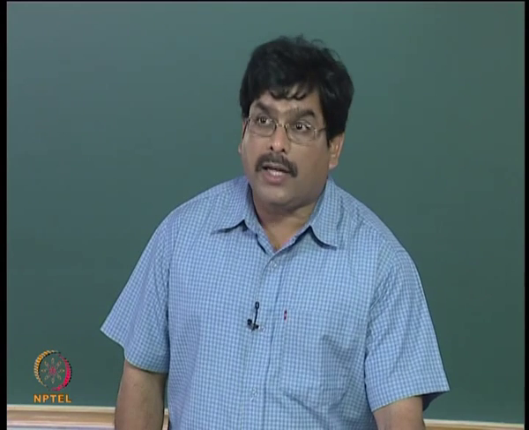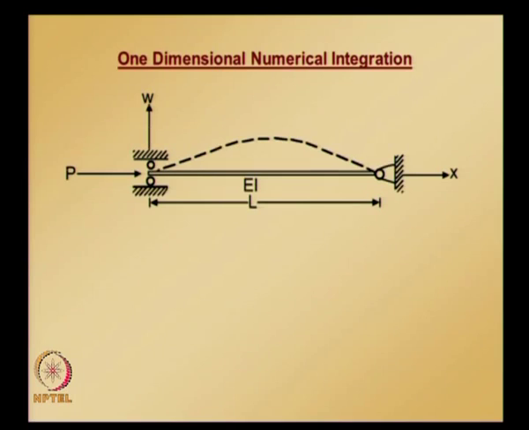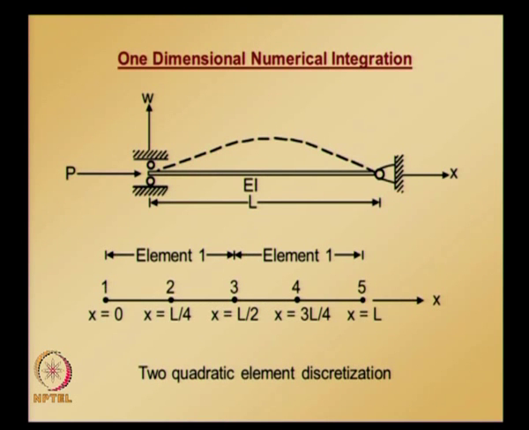So, one dimensional numerical integration, and I want to highlight the importance of this. This is the column buckling problem that we looked at, and you can notice that the discretization involved 2 elements, and the locations of nodes are also shown for both elements 1 and 2.